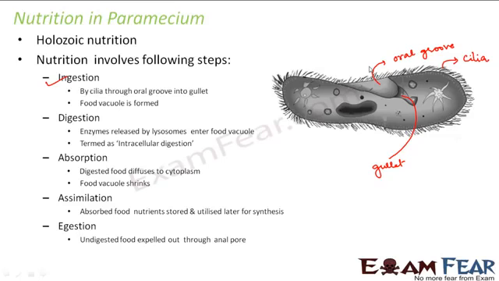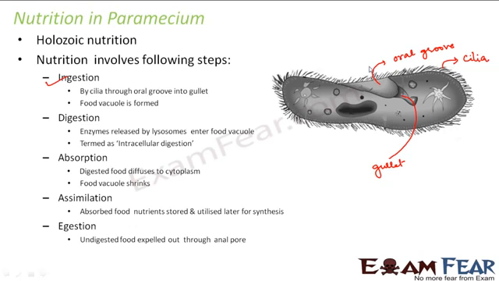So a food vacuole is formed. Here also the food will form a food vacuole. The cilia will sweep food along with water through the oral groove into the gullet. Immediately the vacuole will not be formed. When enough food is accumulated, the food vacuole is formed.